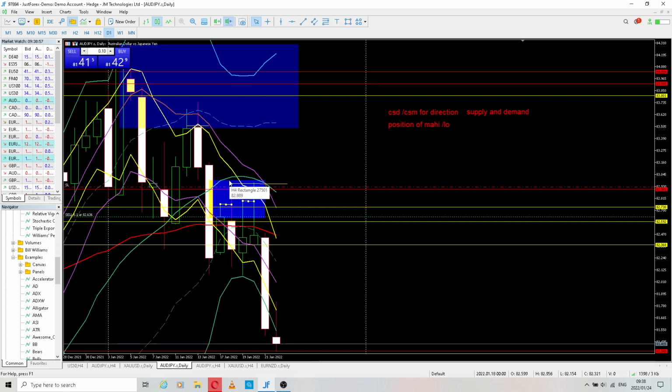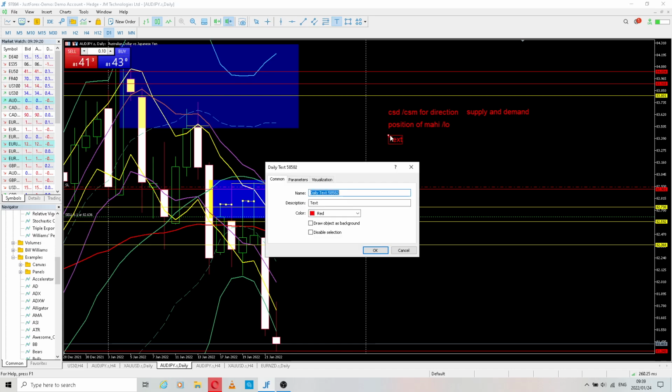So this was not the first touch, but the first touch went above the last candle that created a re-entry on a lower time frame. It went above, then the market went down. So that is the position of your mahilo.